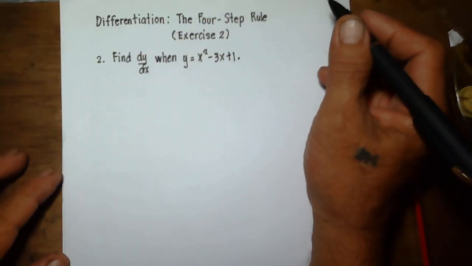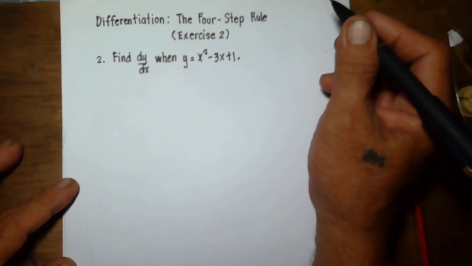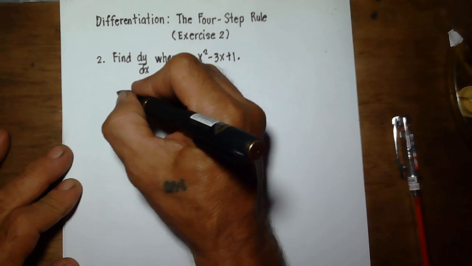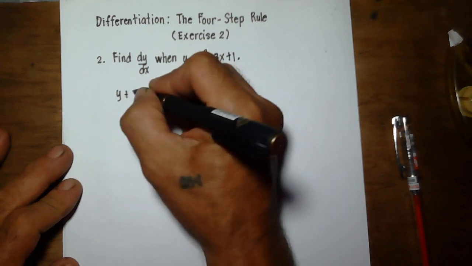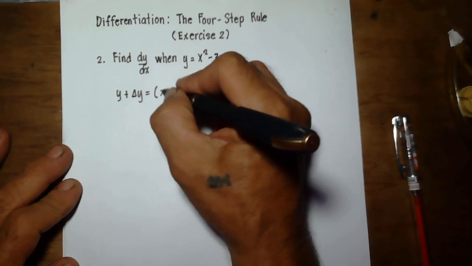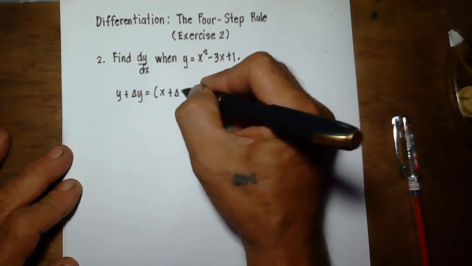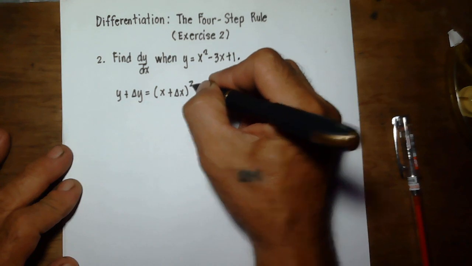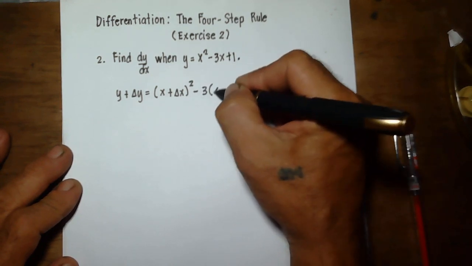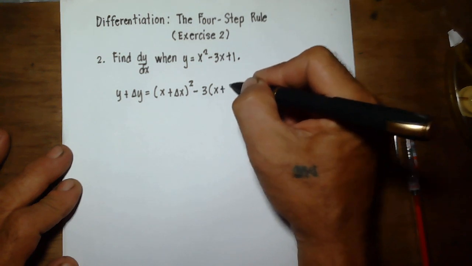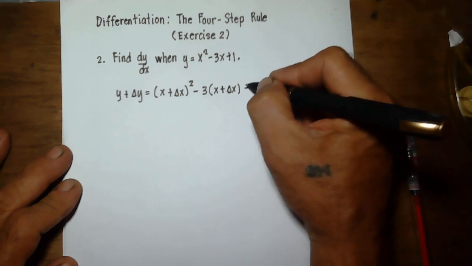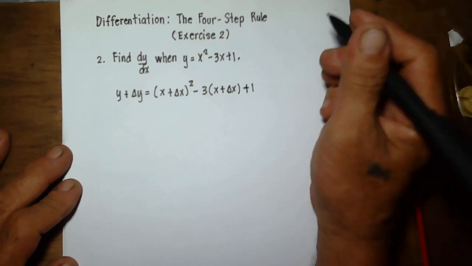Just like the methods that we used in the previous exercise, we substitute y with y plus delta y and x plus delta x squared minus 3 times x plus delta x plus 1.